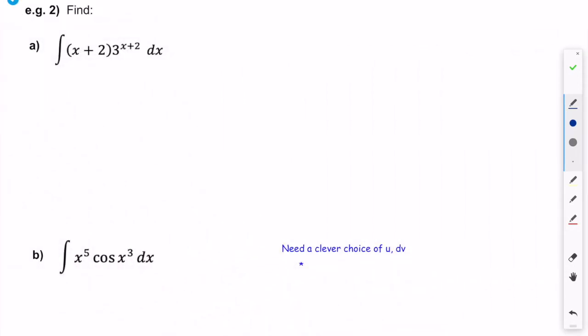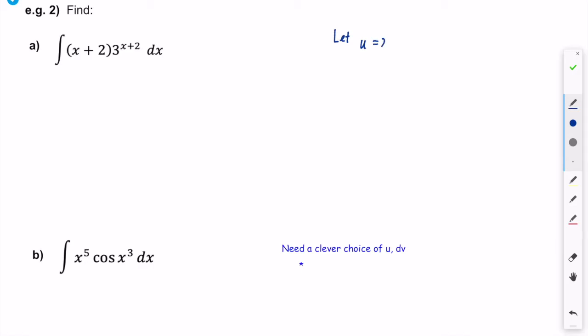Let's move to some slightly more advanced examples in number 2. Here we have the integral of x plus 2 times 3 to the power of x plus 2 dx. What is your substitution going to be? I will use the following.